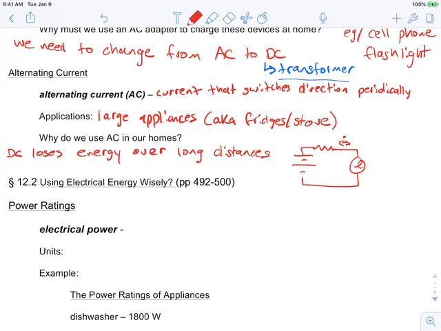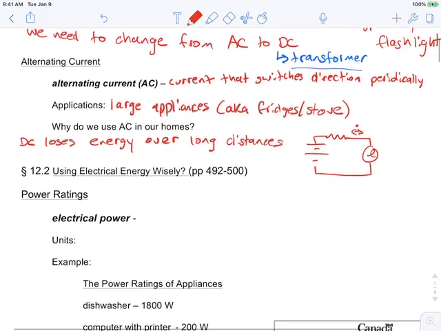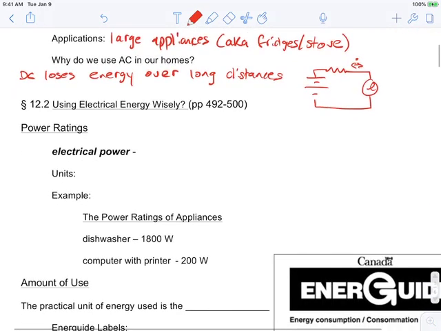AC is probably still going to have like a 99% intact ratio, so it's still going to be looking great, but DC is going to be the big problem there. So we use AC because it's much better at being transmitted over very long distances. And really, these two definitions are pretty much all you're going to need to know for section 12.1. So with that, let's go to section 12.2.